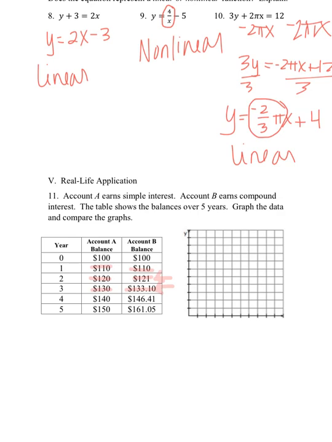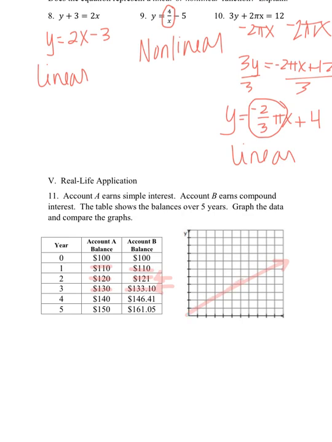So as you graph this, you will notice that account A has a positive increasing slope. Both of them actually have a positive increasing slope, but account A is linear. So account A is going to kind of go like this, and it's going to be linear, but account B is going to follow the same track. I'll do it in a different color.